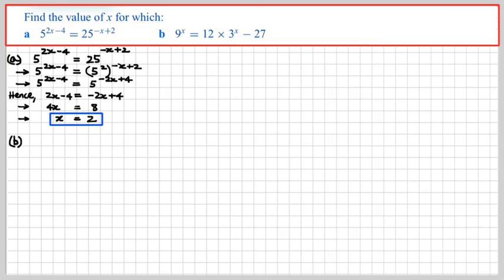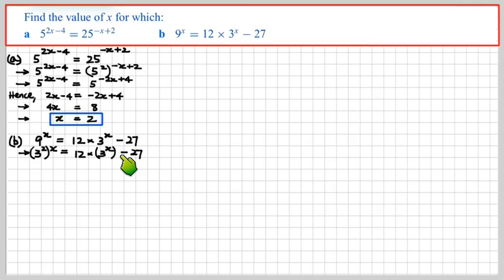Now this one here is a little bit tricky in a certain way, so we'll just step our way through it. We've got 9 to the x equals 12 times 3 to the x minus 27. Watch this, guys, I'm trying to make this 9 with a base of 3, which is fair enough. 9 is 3 squared to the x, and the rest of it's the same, right?